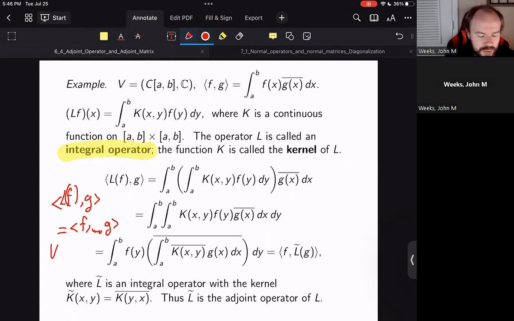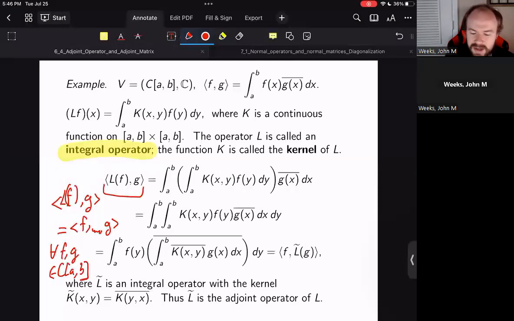If we could get this to be true for all f and g functions inside of our space of continuous functions going from A to B, then this would be an adjoint operator. Last time we noticed that it was not. We could get a specific way of writing this for some functions, but it never was a linear operator for all functions f and g. It never did quite work like that. So here we have the question of, can we connect these two things? Let's see if that's possible.